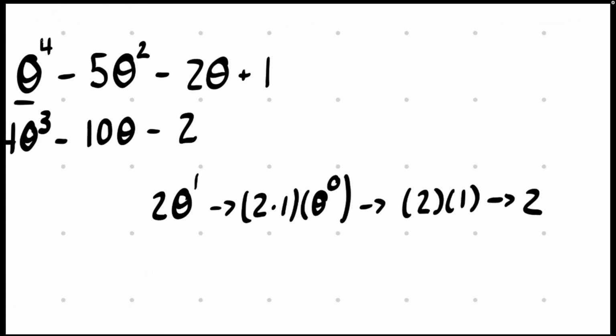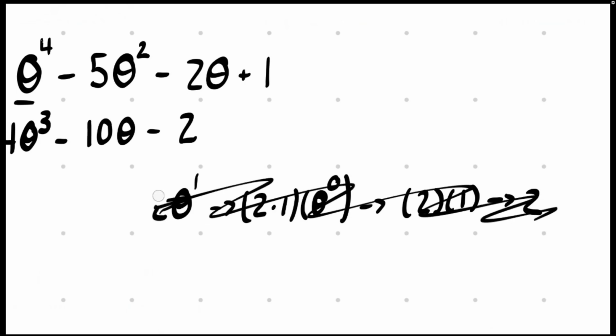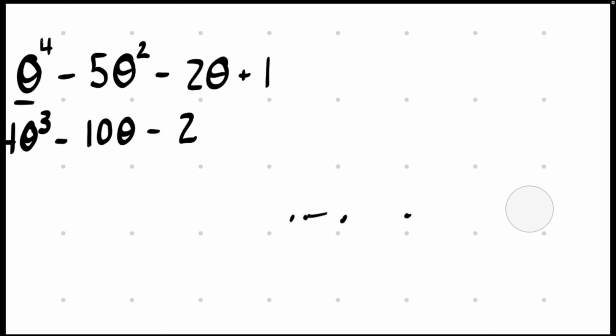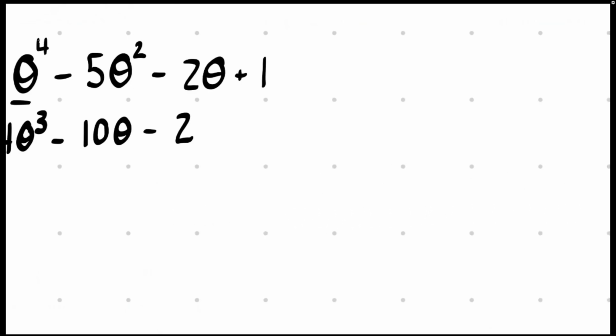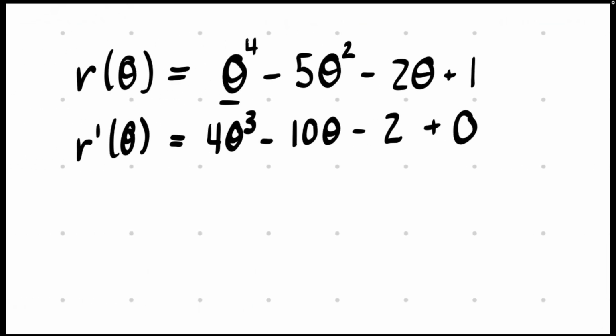Right? So we'll leave that there. And any constant, like we said before, it's just going to be 0. So this is our new function, first derivative with respect to theta.